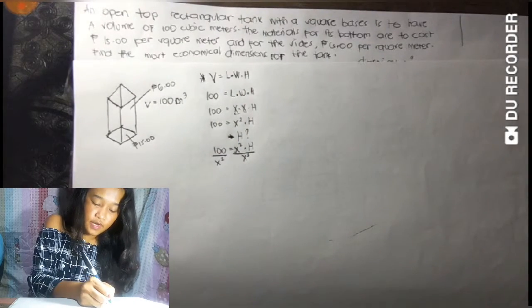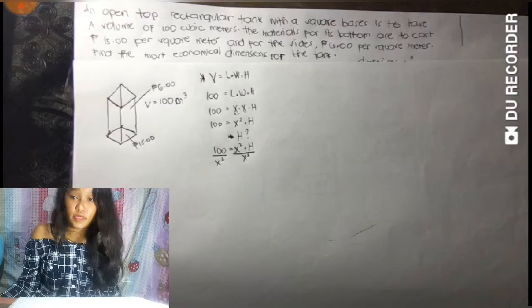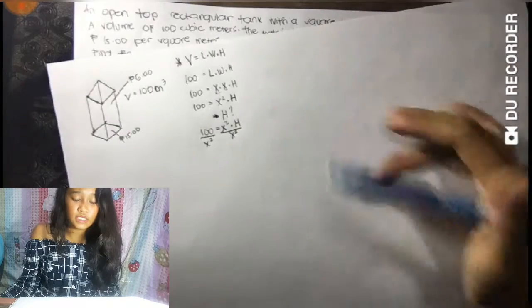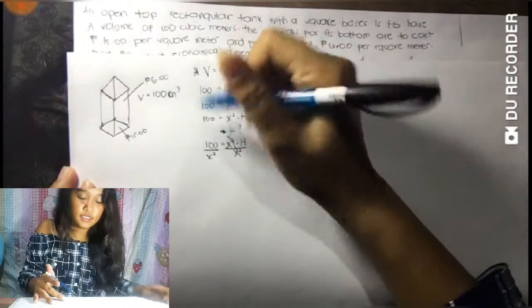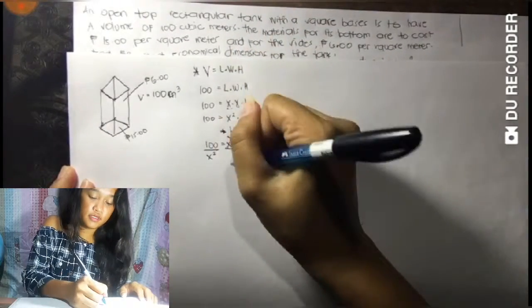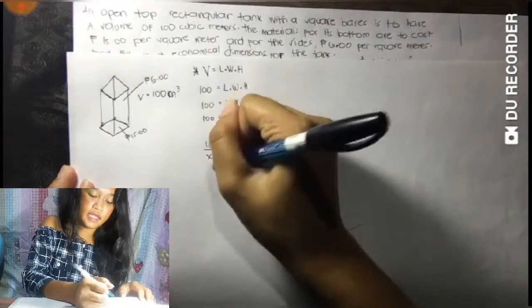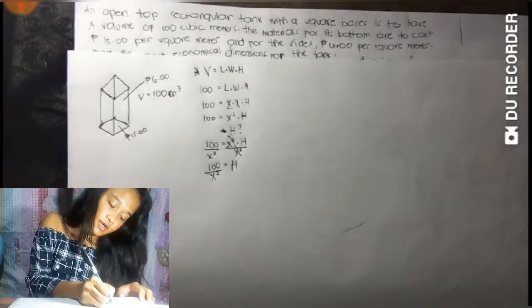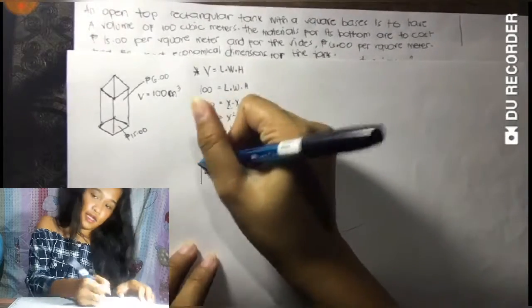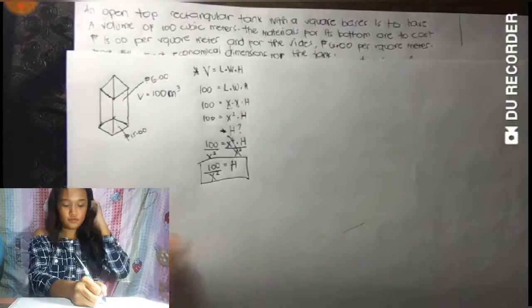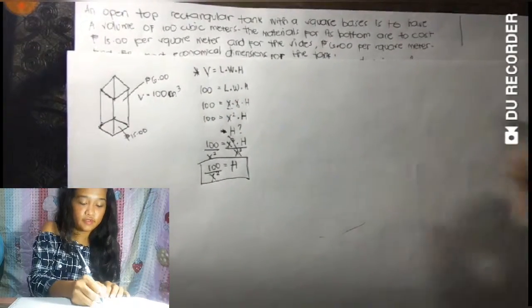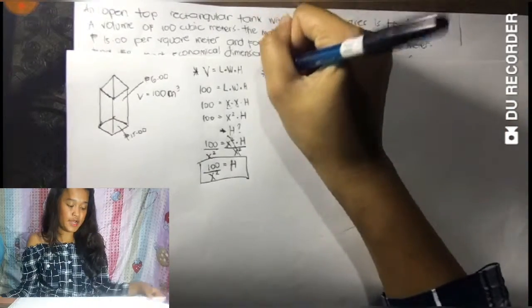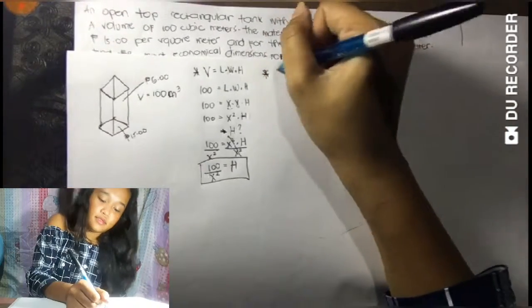We're going to divide this by x squared, divide this by x squared. Okay. Why are we doing this? It is to enable the other side to cancel out x squared and just remain the height right there. And you can have height is equal to 100 all over x squared. I already have this one to represent our height.